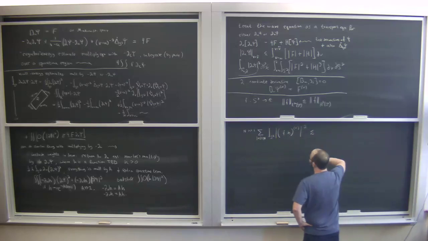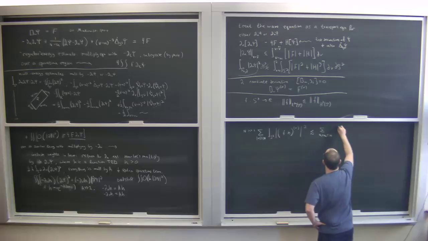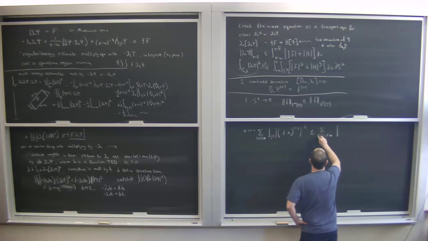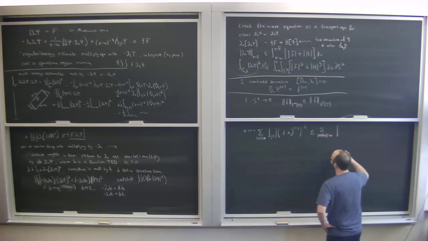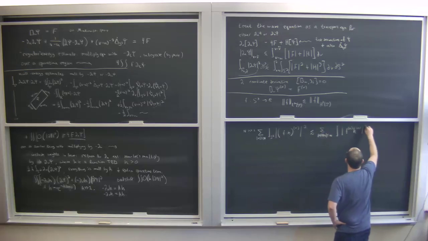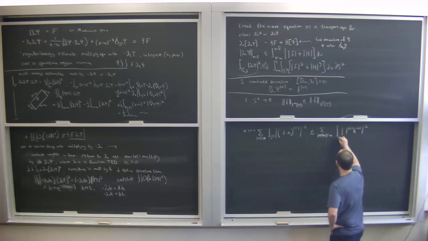We just need to say that this is just going to be the sum over alpha 1 plus alpha 2 less than or equal to n of f alpha 1, and so on. So this is clear, right? Just from the product rule.